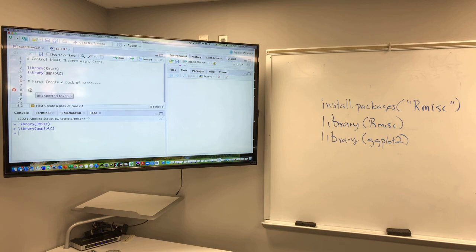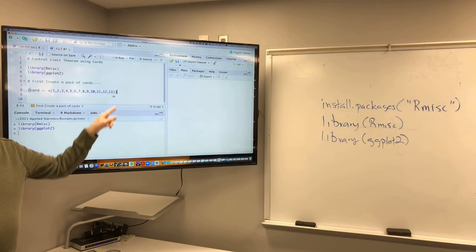So let's make ourselves a deck of cards. We're going to make an object, assign it something, and in this case we're going to just concatenate a deck of cards. So what this is basically saying is I want to create a new object. I want to assign to this object a string of digits.